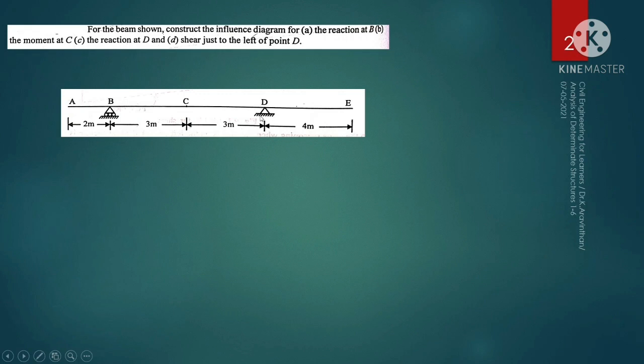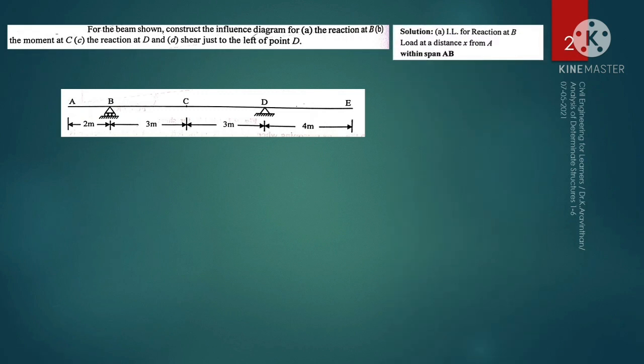If it is slowly moving towards point D, there might be some pattern of reaction, and when it is moving far away from point D, there will be a different pattern. So let us find those things, and find the shear just left of point D. There is point D here, and just left of this we have to find the influence line.